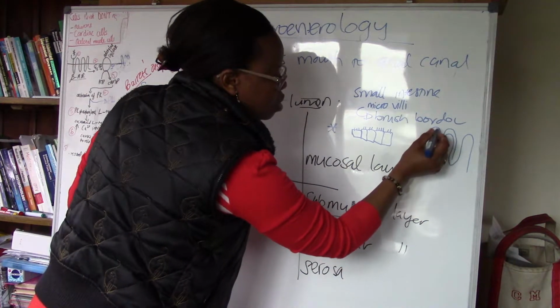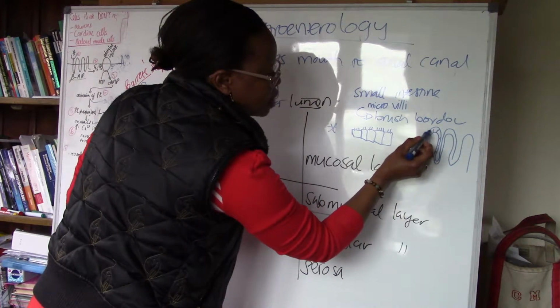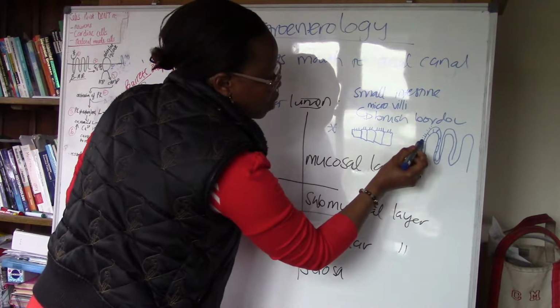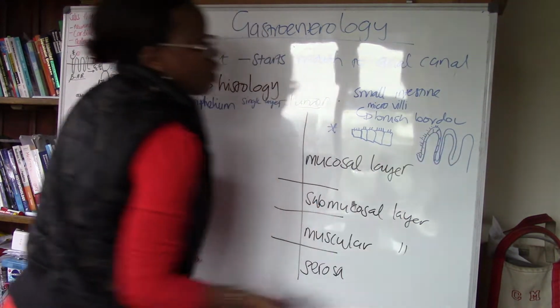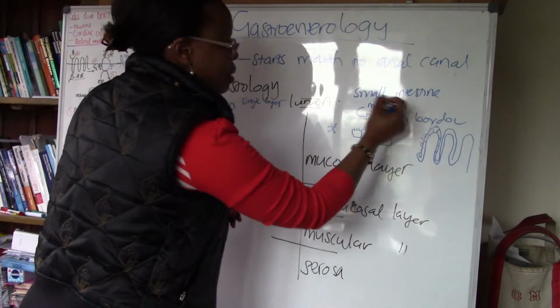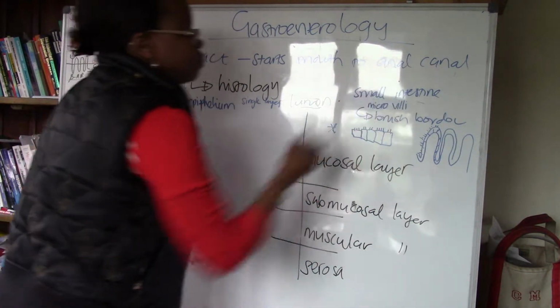So this is the columnar epithelia, and this is the microvilli there, which are the brush border. That's what happens in the small intestine.